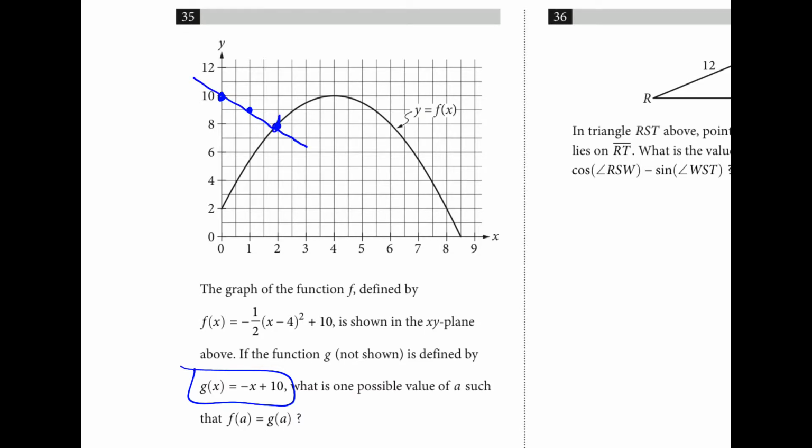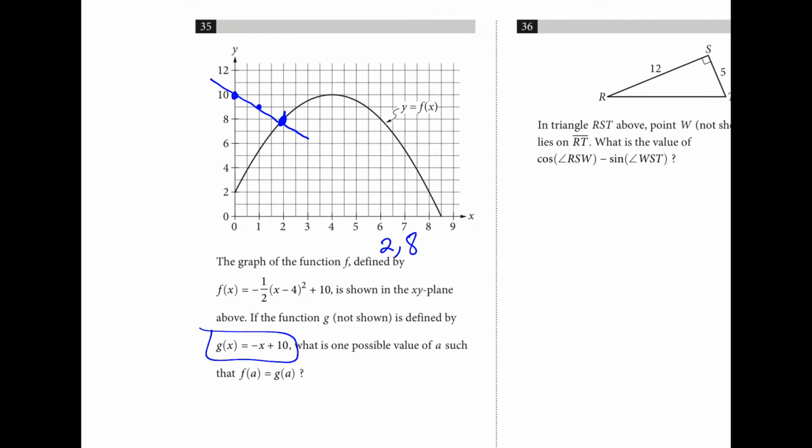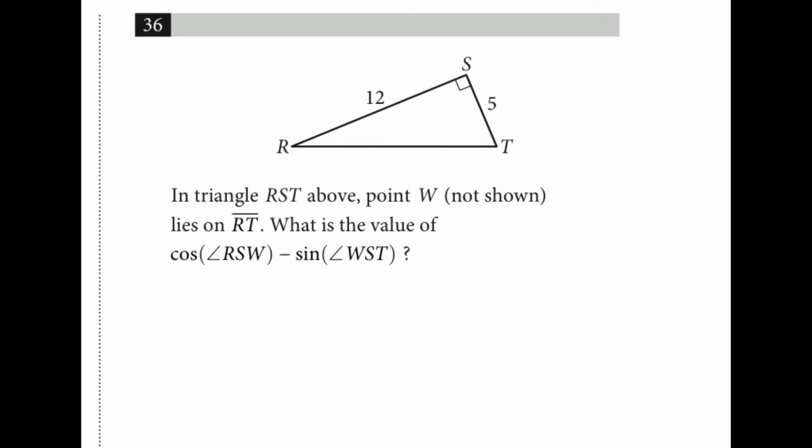So where they meet is at 2, 8. And they want to know what is the a value or the x value. So it's 2. If you had kept going, you could have figured out the other possible answer was 8. One of these two.